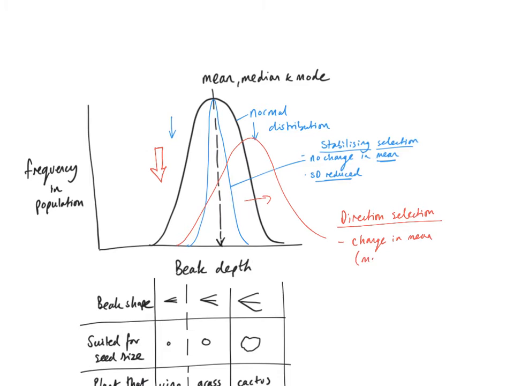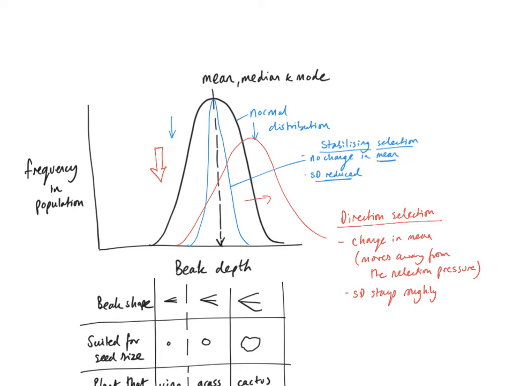And it moves away from the pressure. And the selection pressure is basically death. Those that die, the mean moves away from it. Generally the standard deviation stays roughly constant.